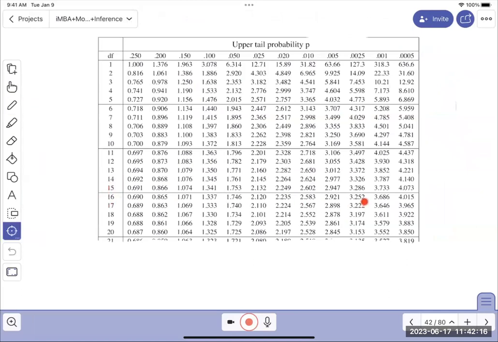All you have to do is start at the top. The inverse problem with the T table is easy because the right-tail probabilities are on the margin up here. So you just correspond 16 and 5, so 2.921.